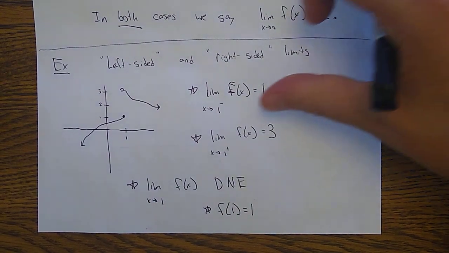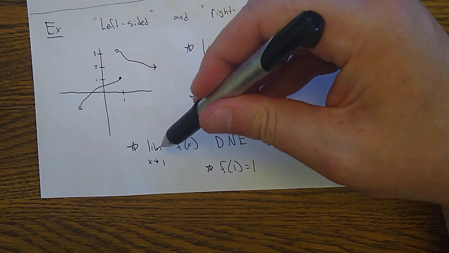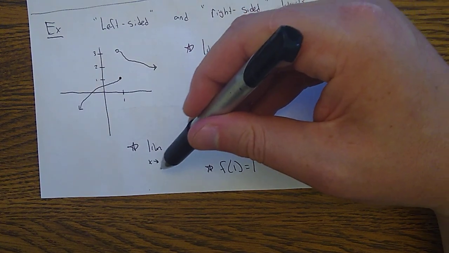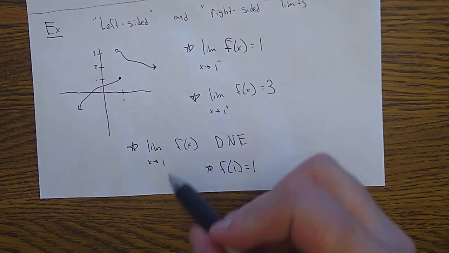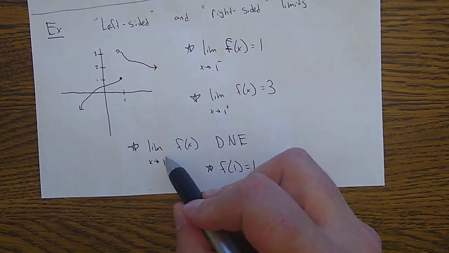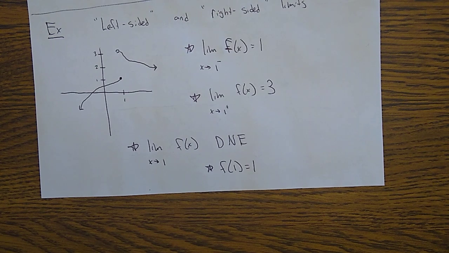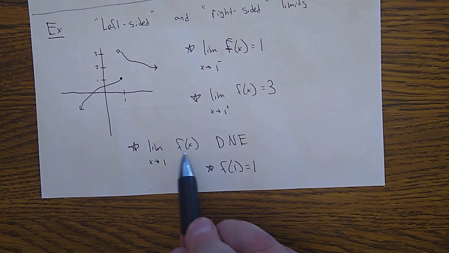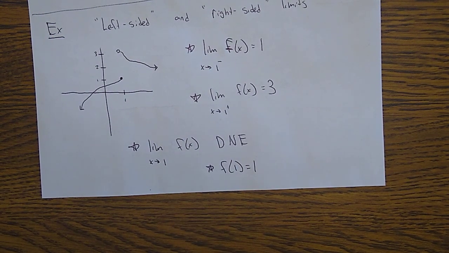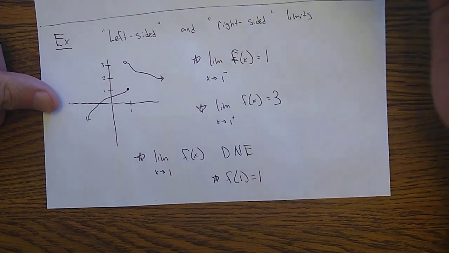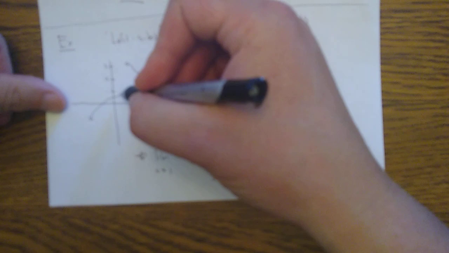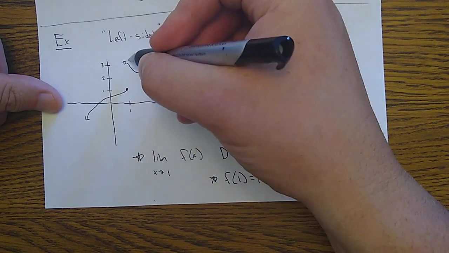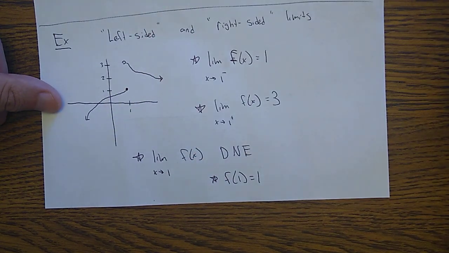By the way, if I were to ask you for the limit as x goes to 1 just as a standard limit, so this is not specifying a side, I have not put a minus here or a plus here, we would say that limit does not exist because if I don't know which side x is on, then I don't really know whether I'm approaching this point or this point.